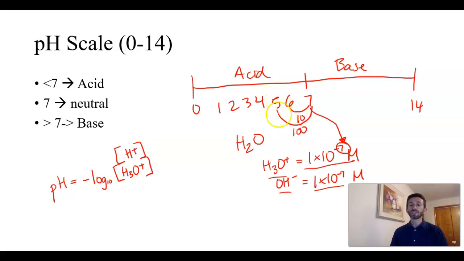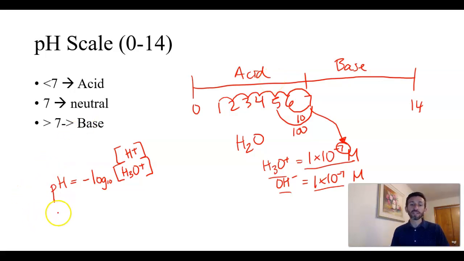So a pH of 5 is 100 times more acidic than a pH of 7. A pH of 1 is going to be 10, 100, 1,000, 10,000, 100,000, 1,000,000 times more acidic than a pH of 7. So the scale is just based on the powers of 10, and that's all you've got to do.